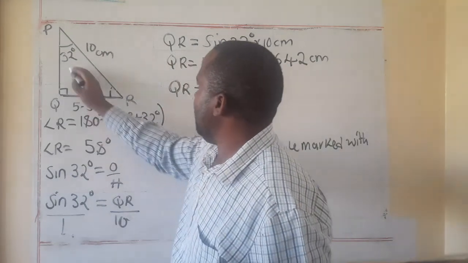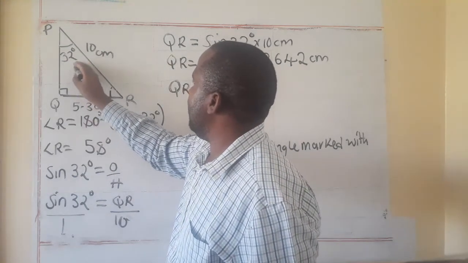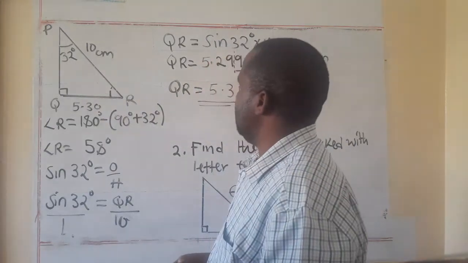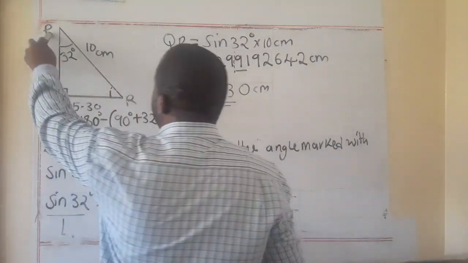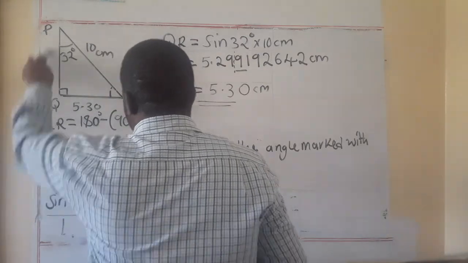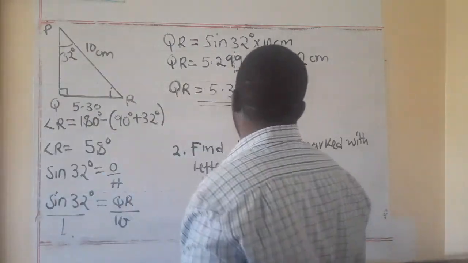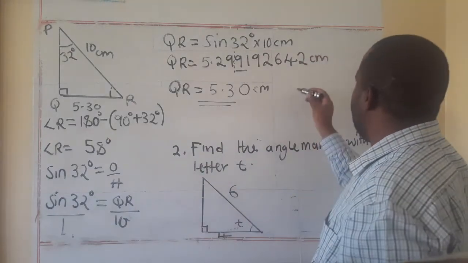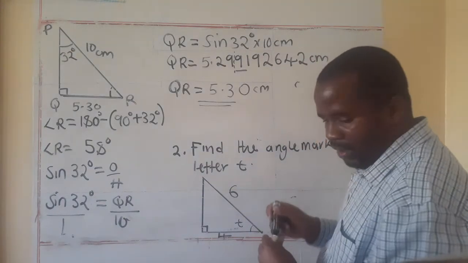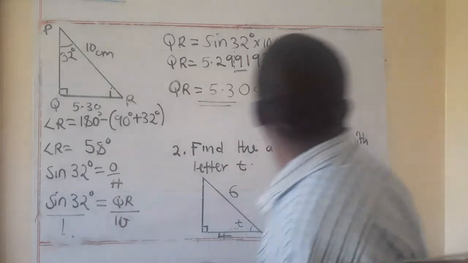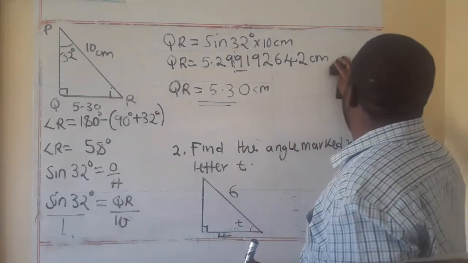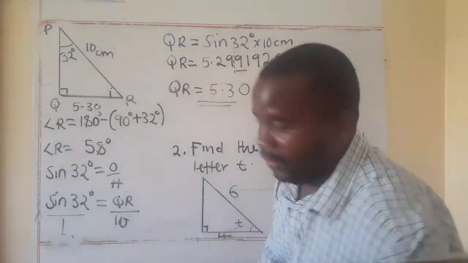Maybe you say, let me use this angle here, and I want to find the adjacent. If I want to find the PQ using 32, remember, if you go by our Sokatoa, maybe let me write this at the top here so that we stop the issue of erasing.